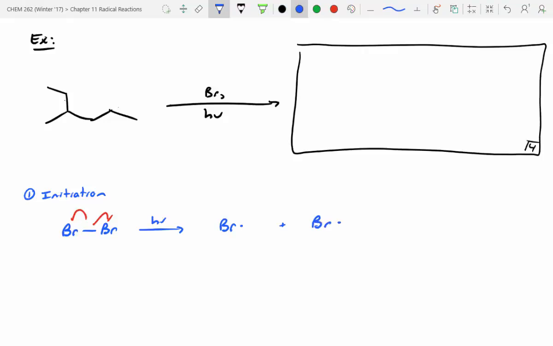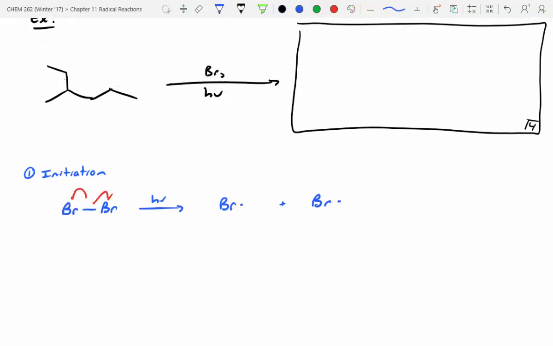What was the next step? Yeah, propagation. And with propagation, we have to find the hydrogen that's going to be most reactive on our starting material. Where do you think that hydrogen is going to be? Yeah, coming off the tertiary position. So let's do propagation.